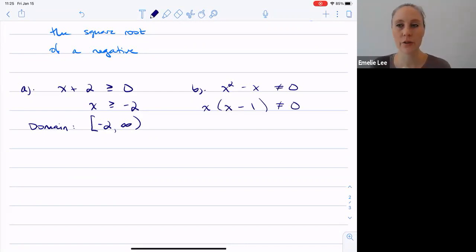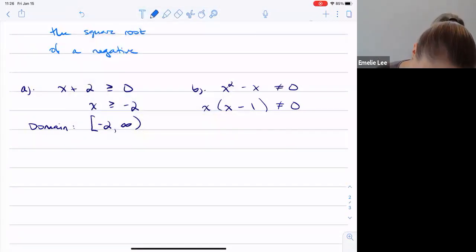Okay. So there are 2 values of x that give me a result of 0. If I let x be 0, 0 times anything, 0 times -1 in this case, would be 0, and 1 minus 1 makes 0 times 1, which is 0. So the 2 values to avoid: this says x cannot be 0, and this says x cannot be 1.